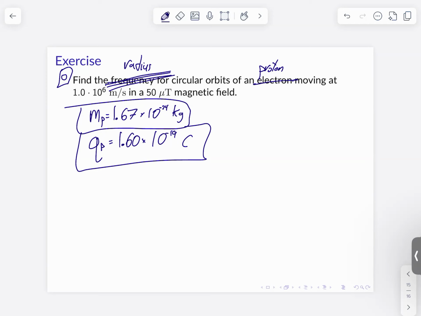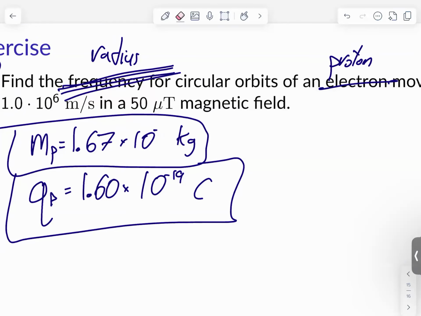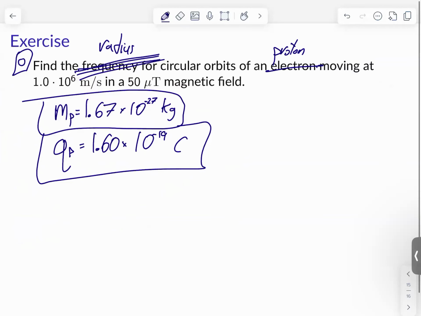Thank you, Alex, I was wrong. Alex looked it up. It's 27. Only off by a factor of 1,000. Six micro, millionth. Like the Mega Millions, the micro millionths.